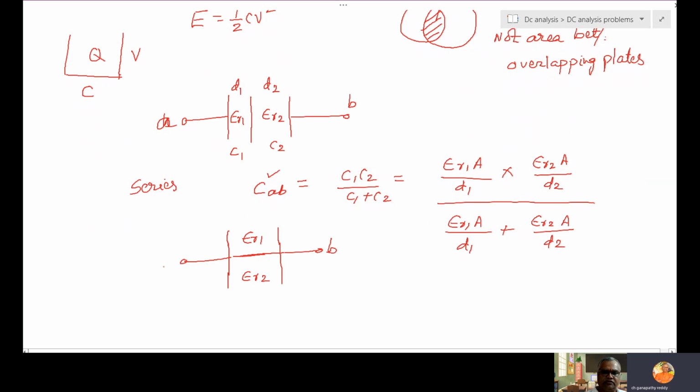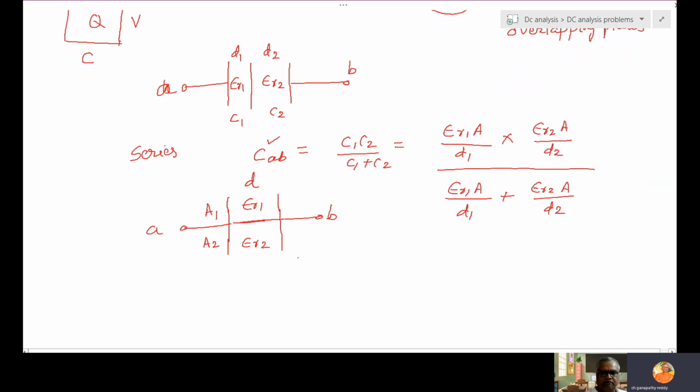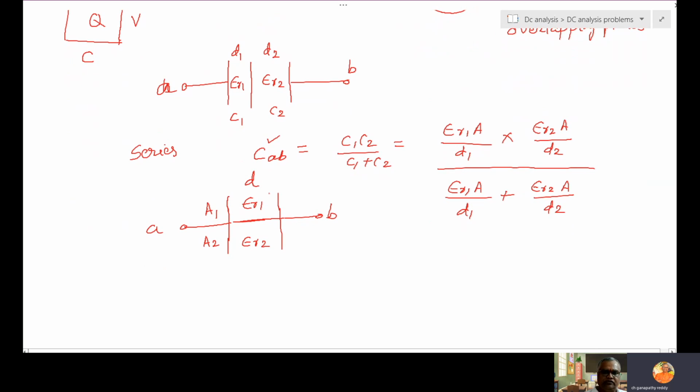These are the terminals A and B. So what is changing here? This area A1, this area A2. This need not be in the middle, it can be anywhere. And distance remains the same. So voltage is the same, which means parallel. So above is C1, below one is C2. So total CAB is equal to C1 plus C2.